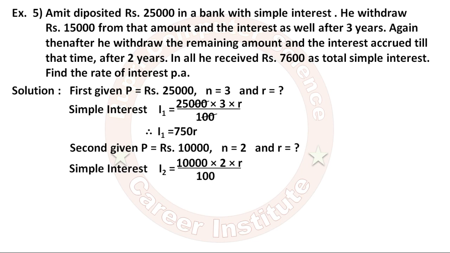Now 2 zeros of 10,000 and 2 zeros of 100 go out, and we get I2 is equal to 200 R.